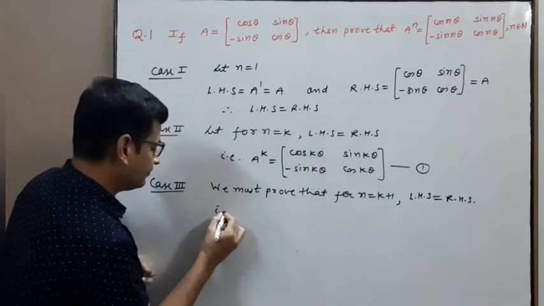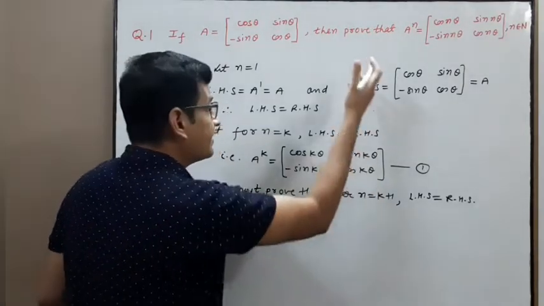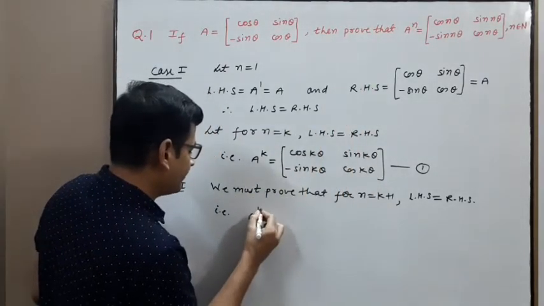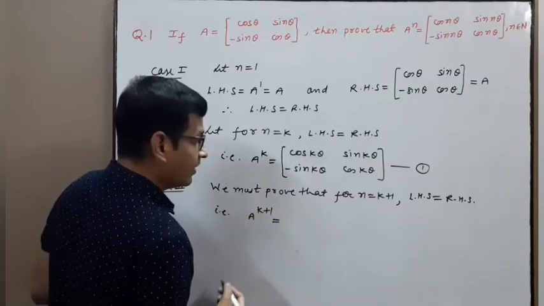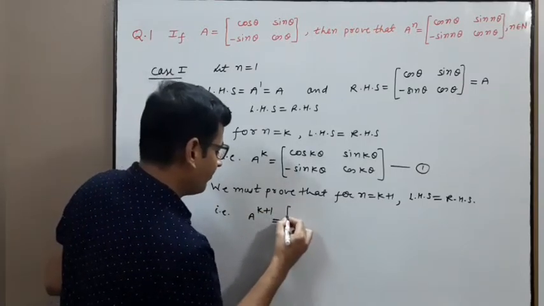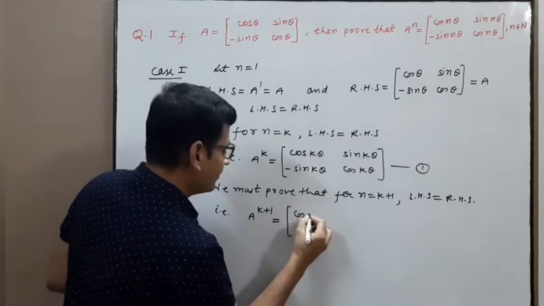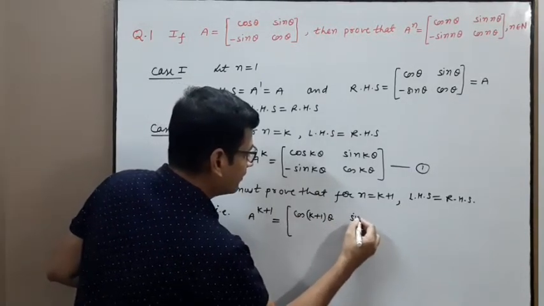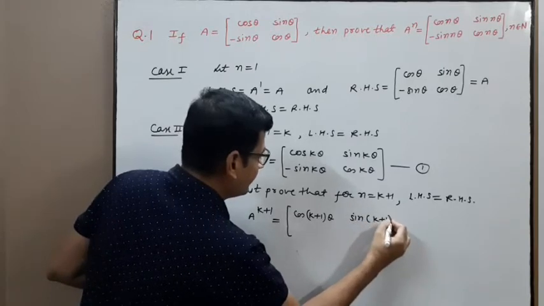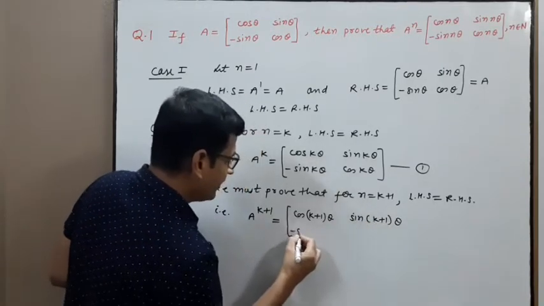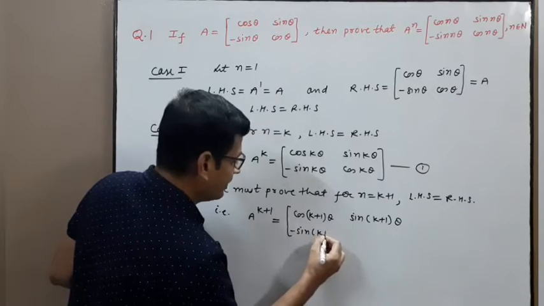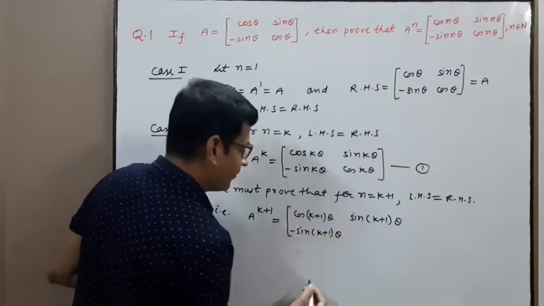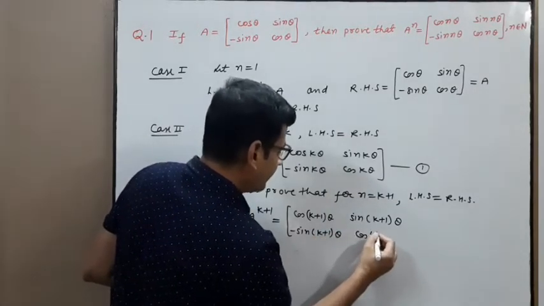That is, left hand side means A raised to the power k plus 1, right hand side cos k plus 1 theta, sin k plus 1 theta, minus sin k plus 1 theta and cos k plus 1 theta.